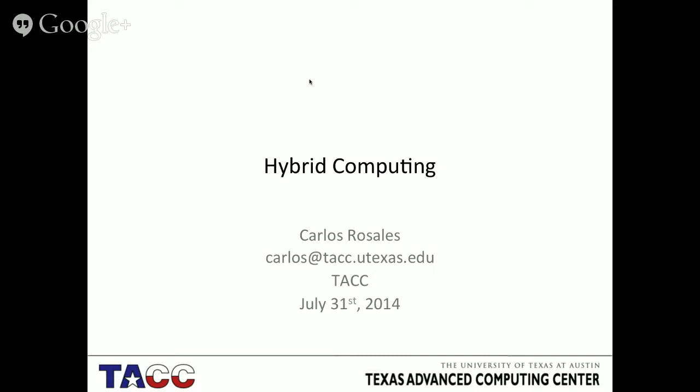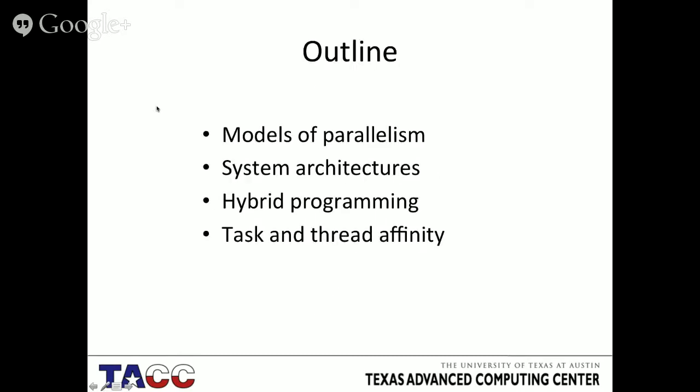What I'm going to try to cover today: I'm going to talk to you very briefly, because somebody has talked to you a couple of times about this already, about models of parallelism. And I'm going to talk very, very quickly about system architectures. Then we're going to cover what we can about hybrid computing in about an hour.